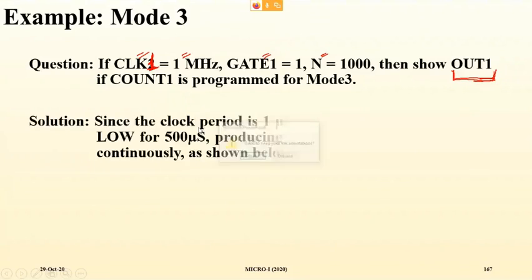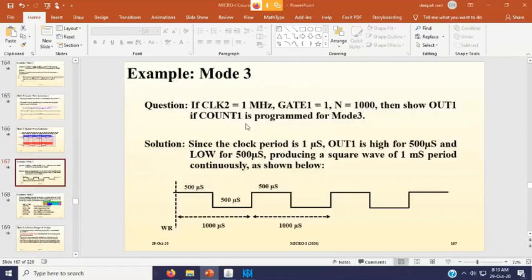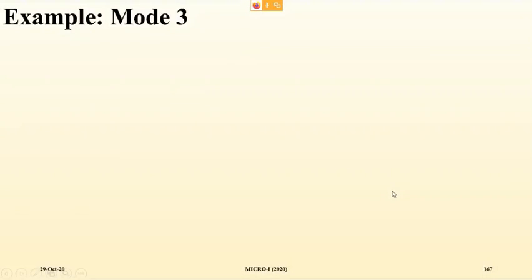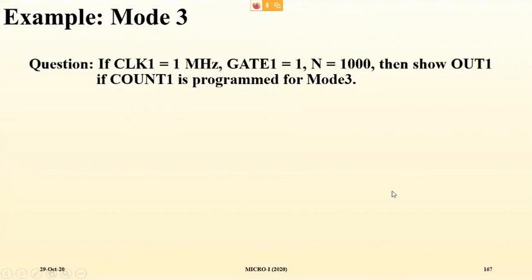So we know the period of the clock is 1 by 1 megahertz, which gives 1 microsecond, and count is 1000. So 1 microsecond into 1000.